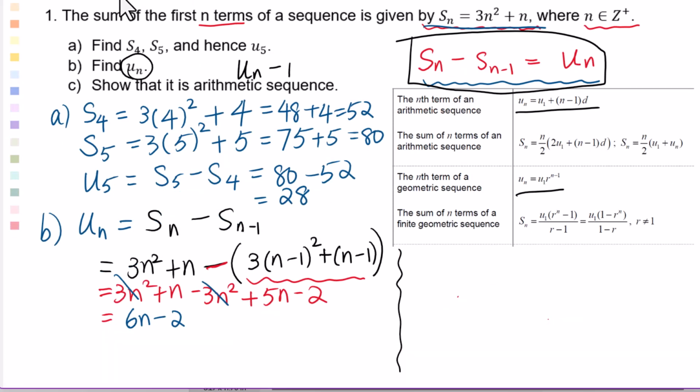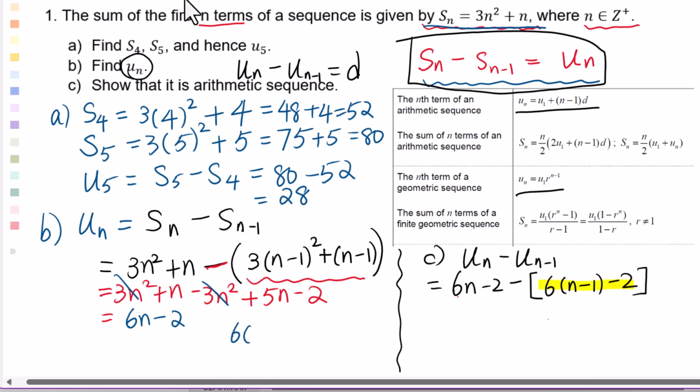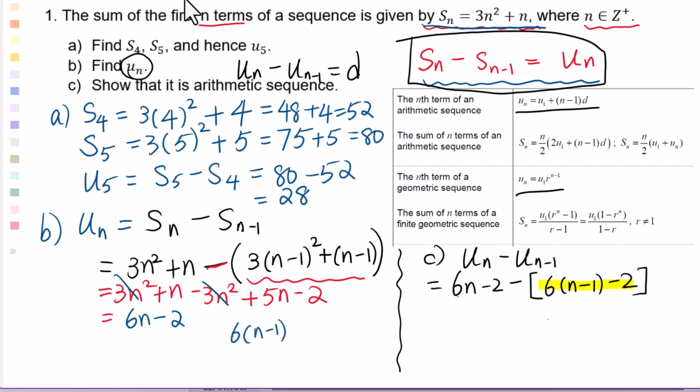We have to prove u sub n minus u sub n minus 1 equals constant d to prove whether this sequence is arithmetic or not. U sub n minus u sub n minus 1 equals 6n minus 2 minus bracket, every single n changed into n minus 1, 6 times n minus 1 minus 2.